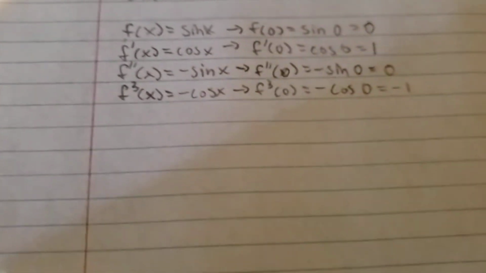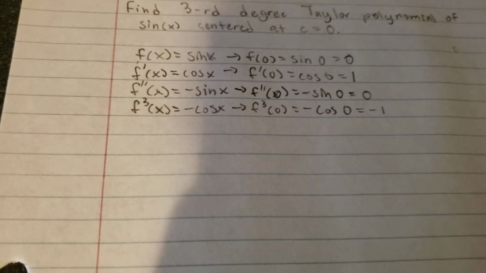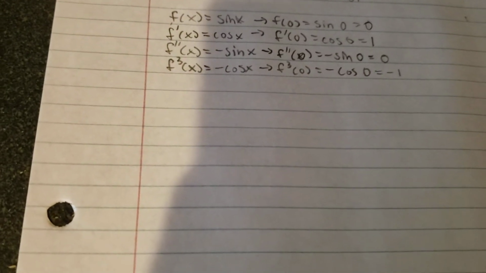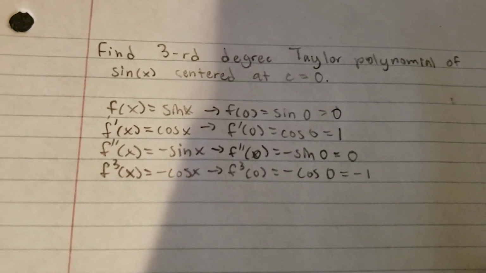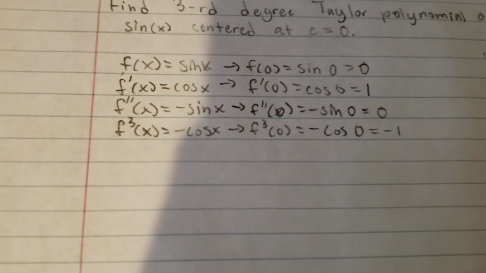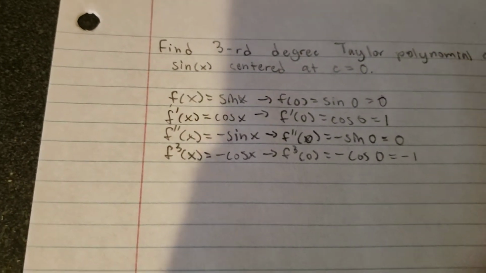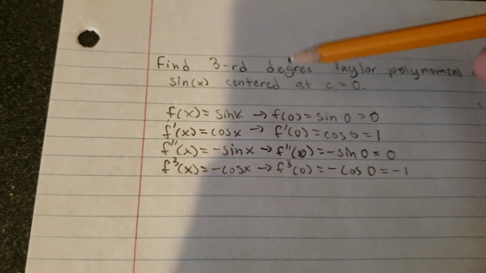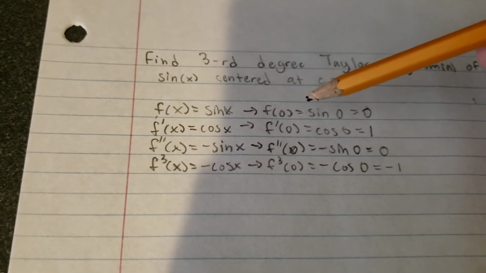All right, so here's how we do this. You don't need to find a pattern when you do this. When it comes to these Taylor polynomials, all you're really doing is using the formula for a Taylor series and writing out however many terms we want. It's the third degree, so we're going to write out 4 terms, including the original function.